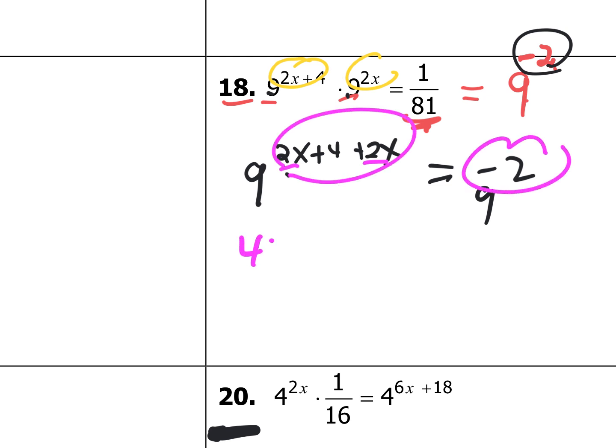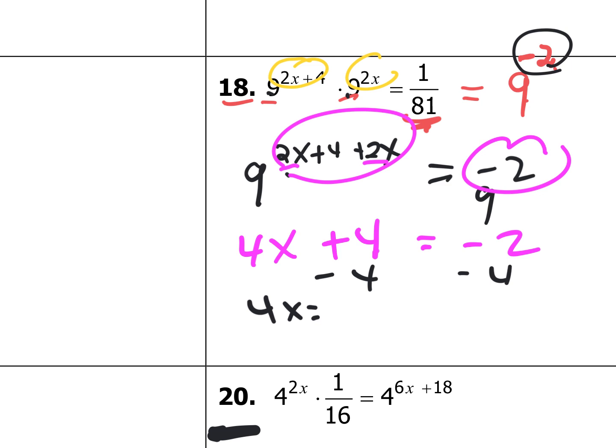So 4x's plus 4 is a -2. All I got to do is get rid of my 4, minus 4, minus 4. 4x's is a, pick up your calculator if you don't know what -2 minus 4 is. It's got to be negative -6. Divide both sides by?